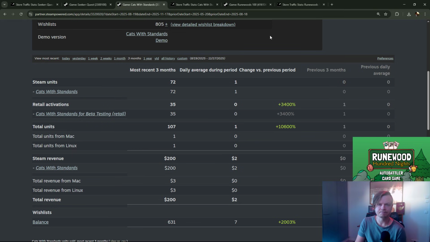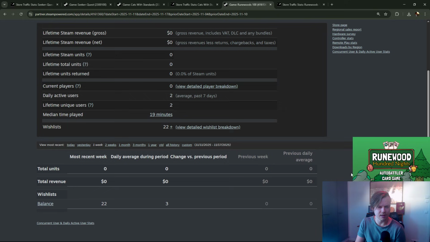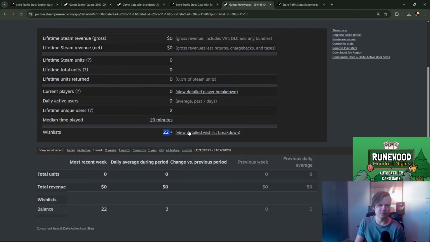Interesting to see. Okay, so next up, Runewood, which is currently in development, and it's been suffering a lot to get any wishlists. Obviously, the Steam page has been out for less than a week now. So within a week, there've been 22 wishlists for the game, and that's about it.